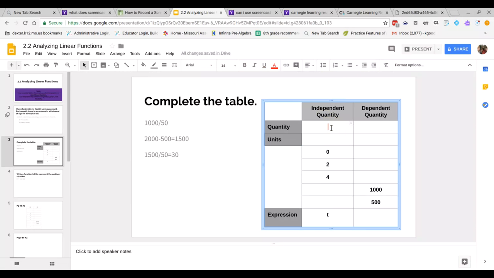The independent quantity was time, and our unit was months. And our dependent quantity was my balance, and it was measured in dollars. You can either write the word dollars or you can use the dollar symbol. Either one's fine.